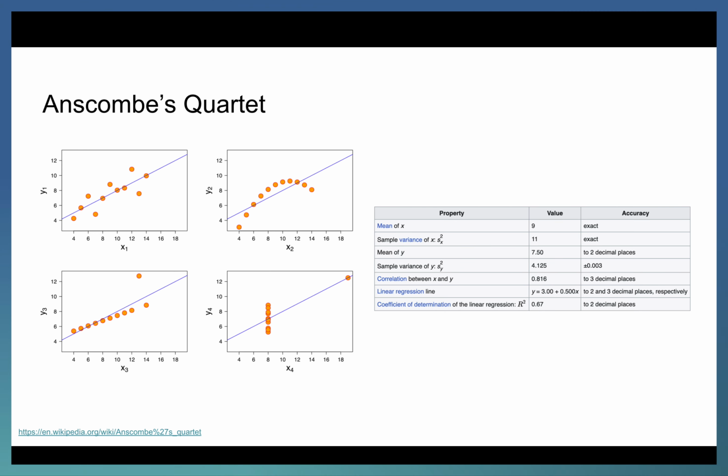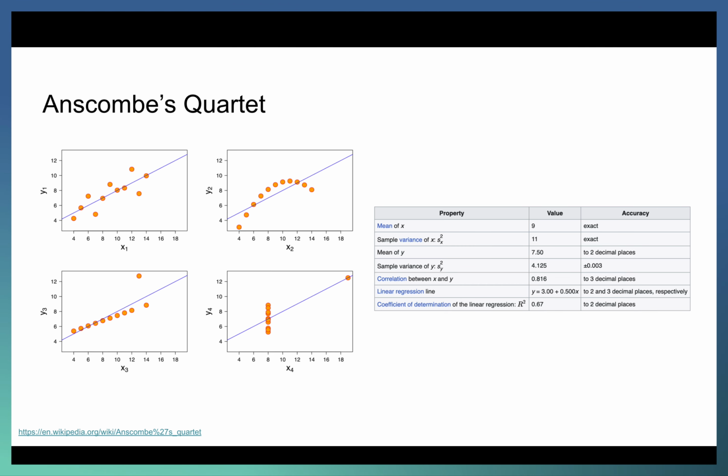And the characteristic of these data sets is that they have exactly the same mean of X, exactly the same variance of X, exactly the same mean of Y, exactly the same variance of Y, exactly the same correlation, exactly the same linear regression, and exactly the same coefficient of determination.